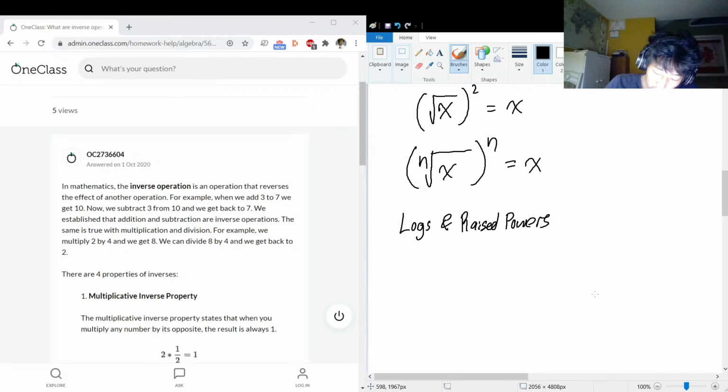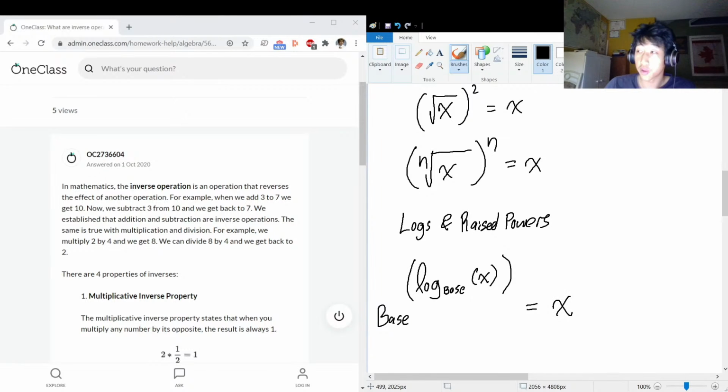So the general equation is that the log of base b of x, if that is the power of the base, that means it's equal to just x. So if you're trying to pull something out of its logarithm, set it as the power of the exponent.